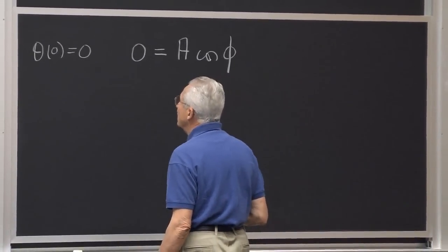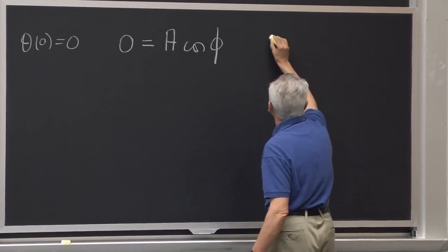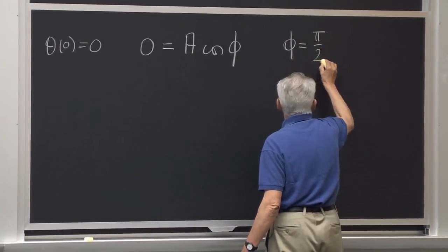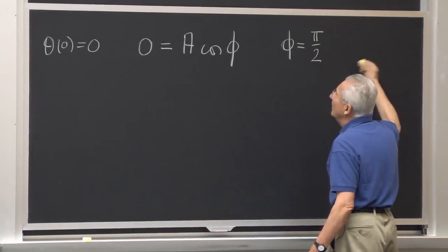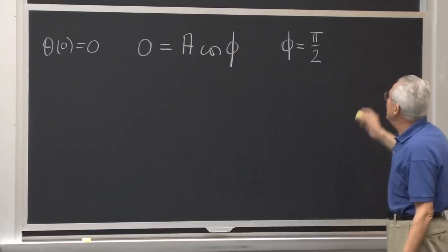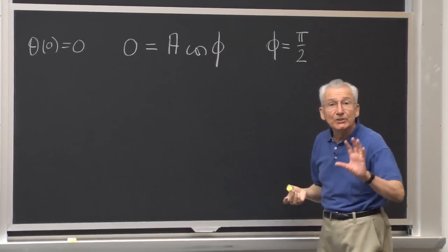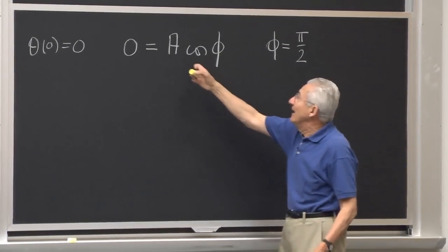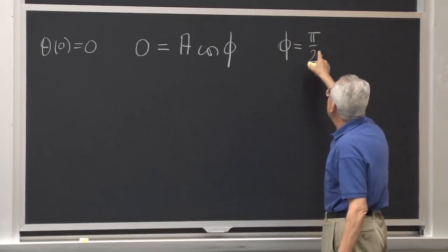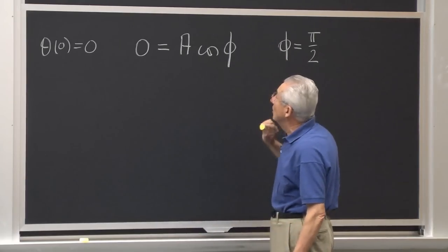So one boundary condition tells me that phi is pi over 2, or there are others, minus pi over 2 works, etc. It doesn't matter, take any one of them, and provided you're consistent, the other one will make up for it to give you the same answer. So anything that satisfies this boundary condition is fine for one of those constants.